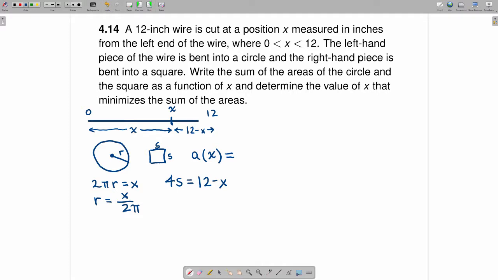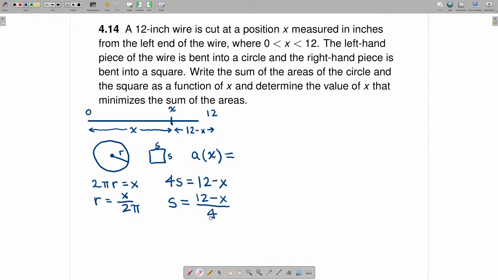So to solve for the side length s, all we need to do is divide both sides by 4. When you divide the left-hand side by 4, you get s. When you divide the right-hand side by 4, you get 12 minus x divided by 4.